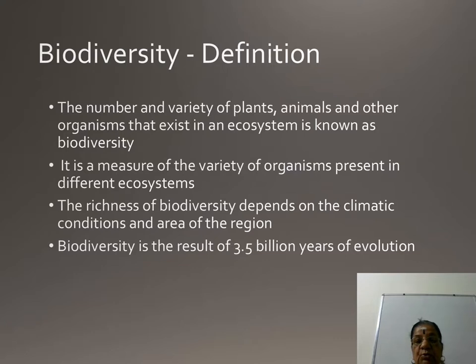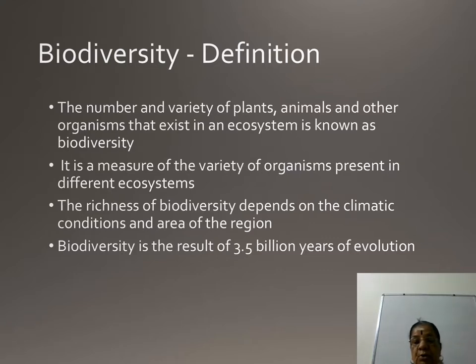Now biodiversity. What does it mean? The number and variety of plants and animals and other organisms that exist in an ecosystem is known as biodiversity. And it is also a measure of variety of organisms present in different ecosystems.